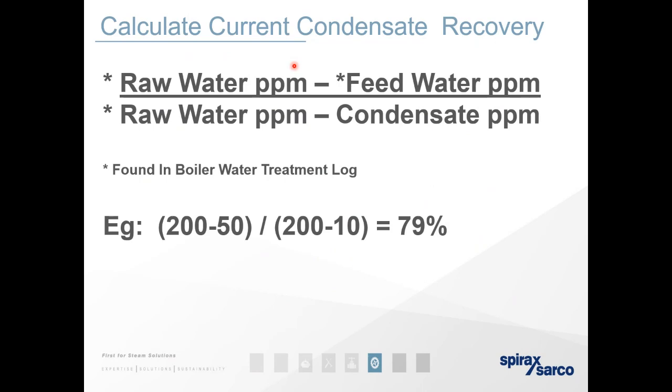The feed tank is called a feed tank because it's feeding the boiler. Some systems directly add water to their feed tanks plus the condensate. Other systems have a separate tank which then feeds into that one. So it very much depends on your system, but for the conversation with Spirax, when we say feed water, we mean feed to the boiler.